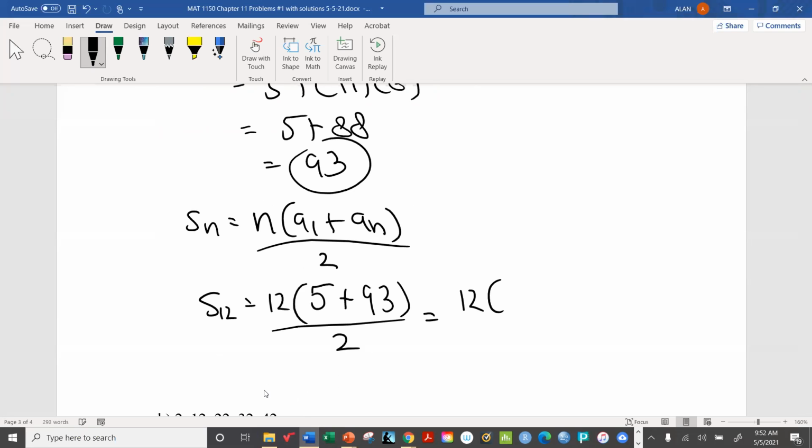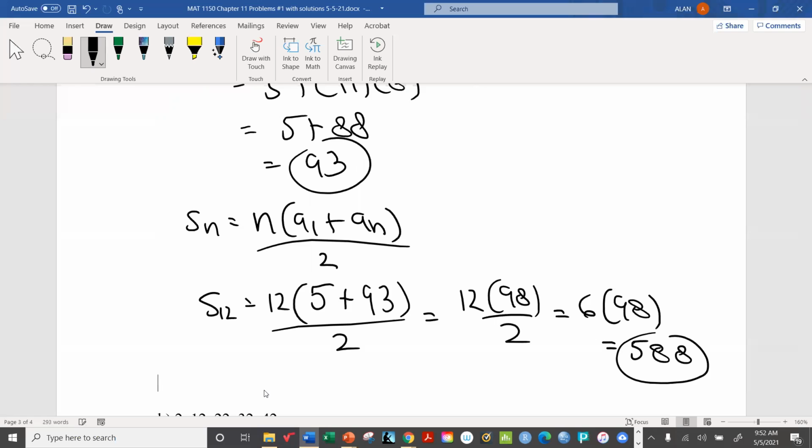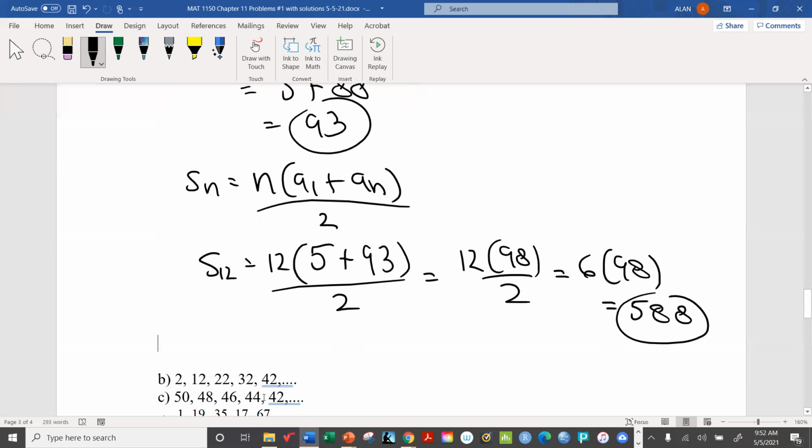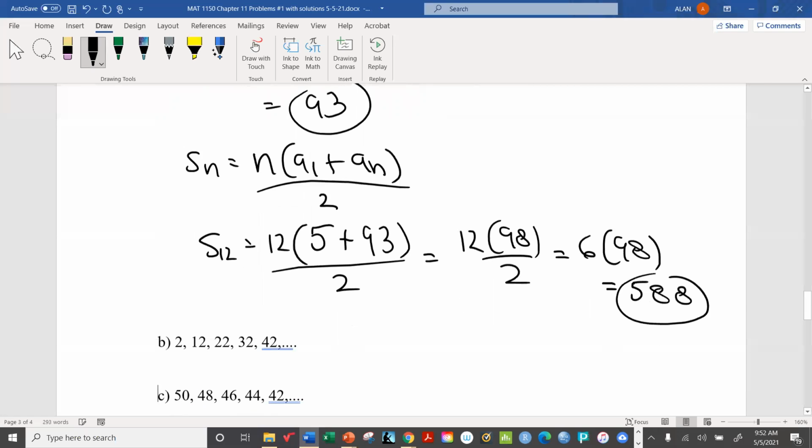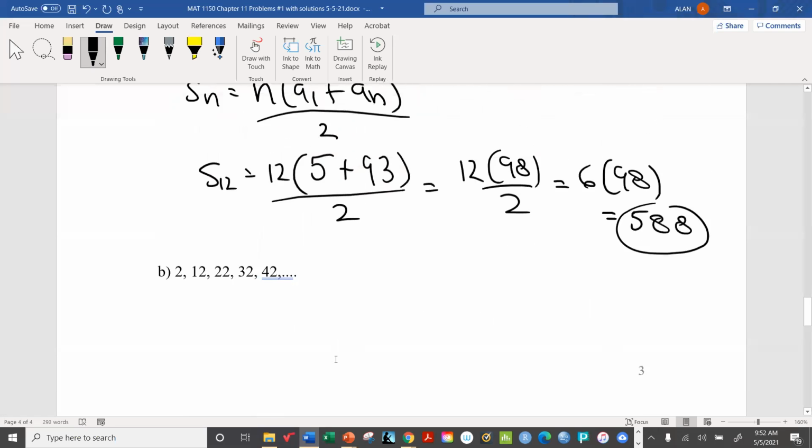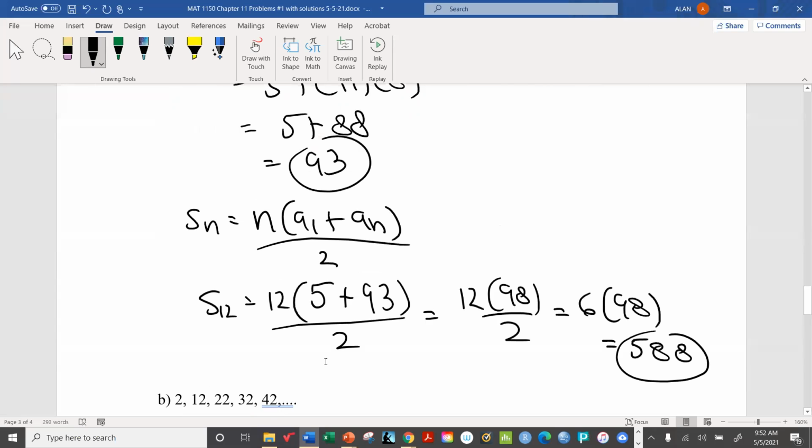So 12 times 98 over 2. And you can simplify this to 6 times 98. And so 6 times 98 is 588. Beautiful. So that was easy. So now the second one. All right. So let me leave it there for a second so you can catch up.